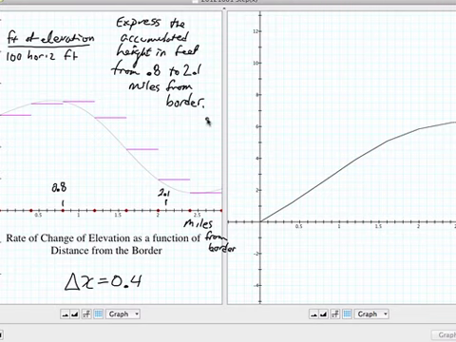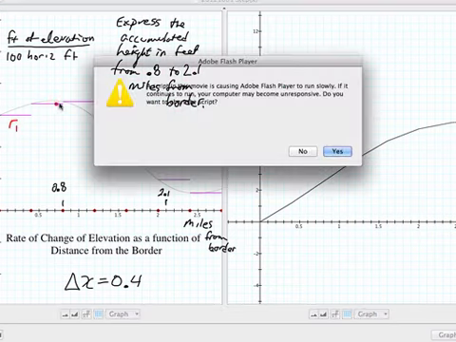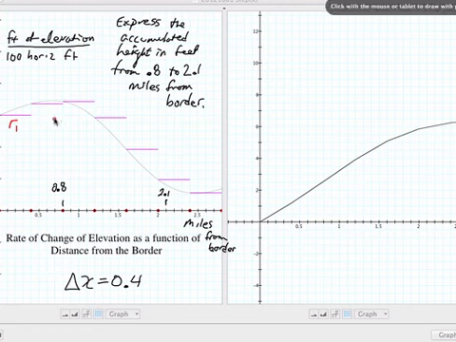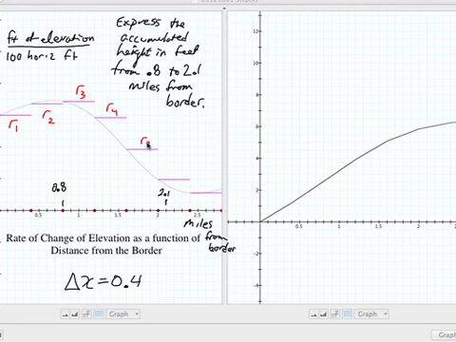Let's move some here. Okay, does that help?